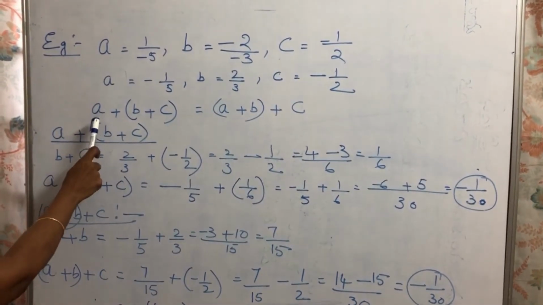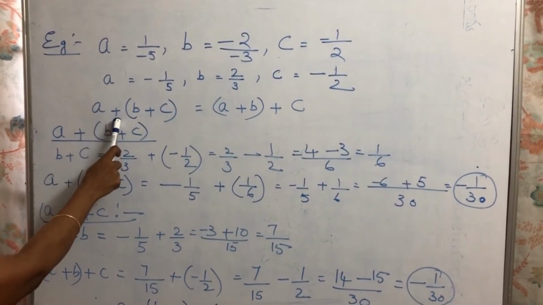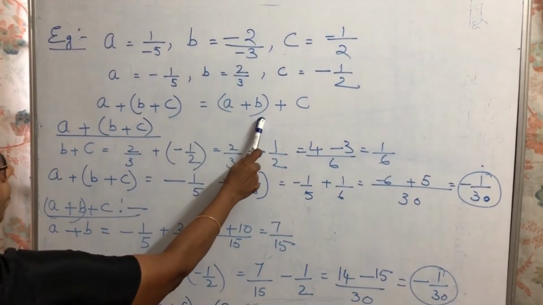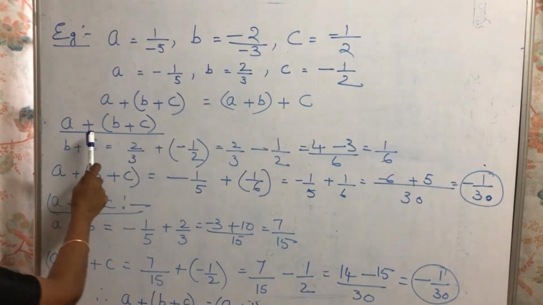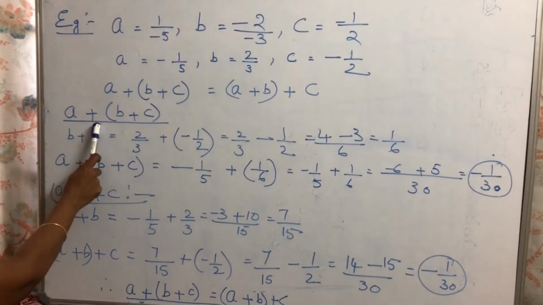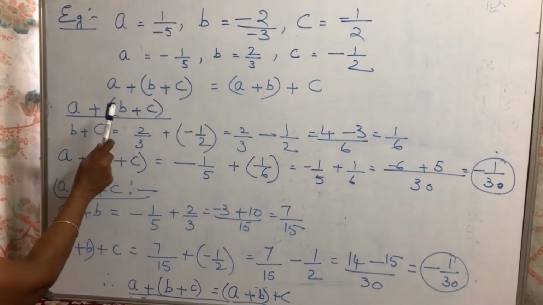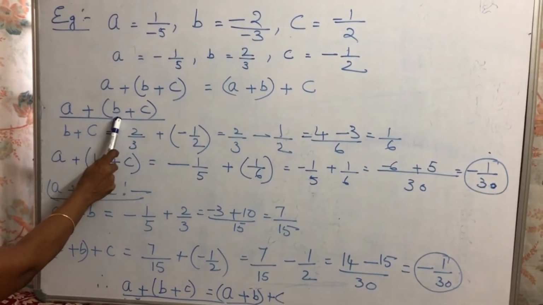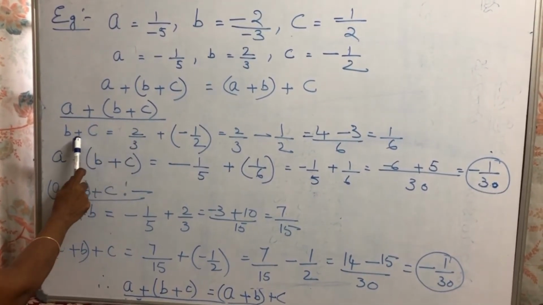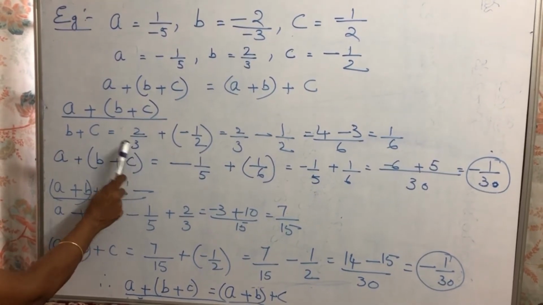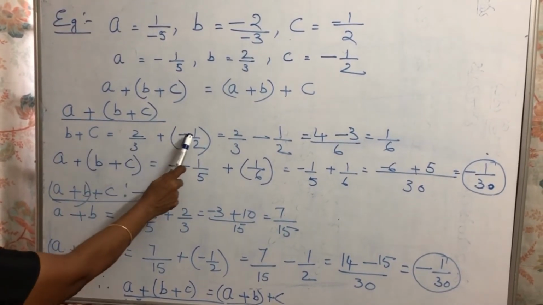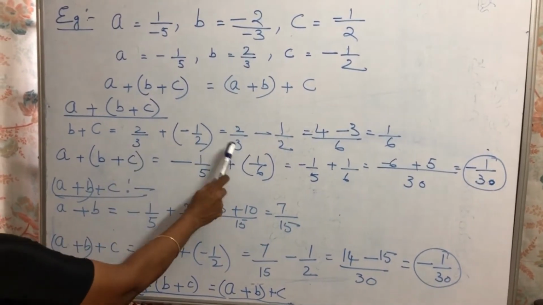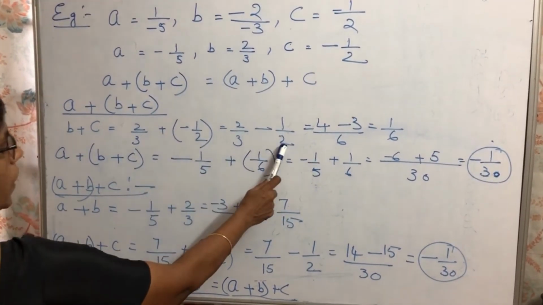Coming to the left side, the rule is A plus B plus C is equal to A plus B plus C. The left hand side, A plus B plus C. What is in the bracket you solve first? The bracket is B plus C. B is equal to 2 by 3 and C is equal to minus 1 by 2. 2 by 3 plus of minus is minus.